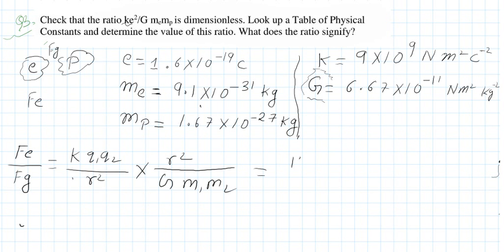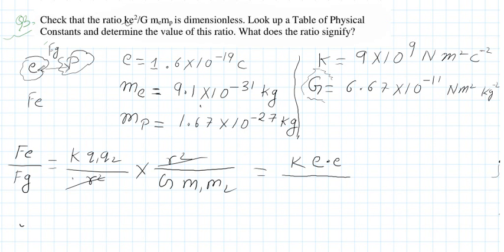Here our charge Q is the charge of an electron into the charge of a proton, and the R square will cancel out because the distance between electron and proton remains the same. Whether you want to find the electrostatic force or the gravitational force, the distance will remain the same.